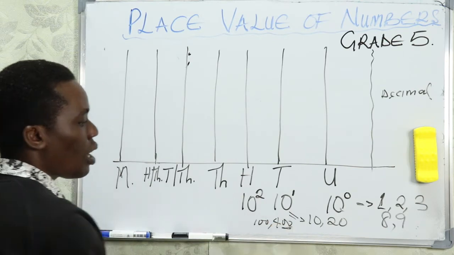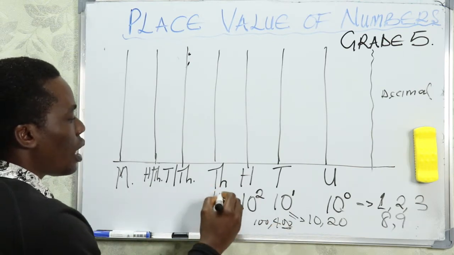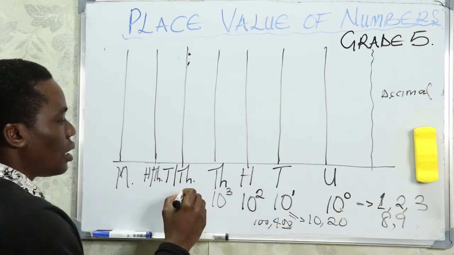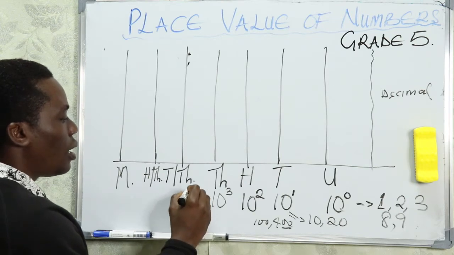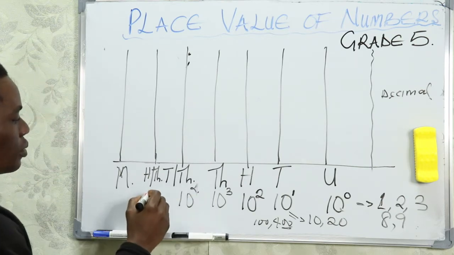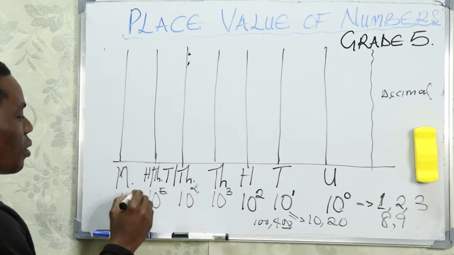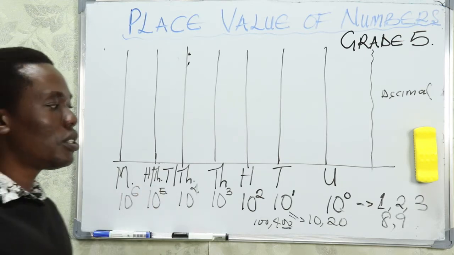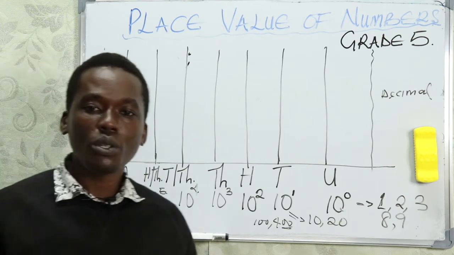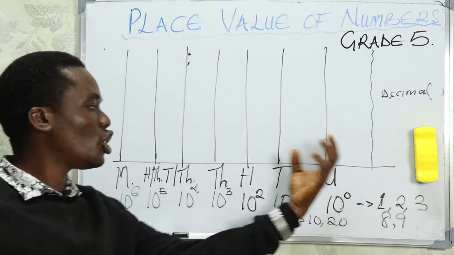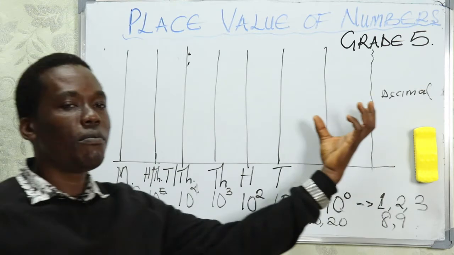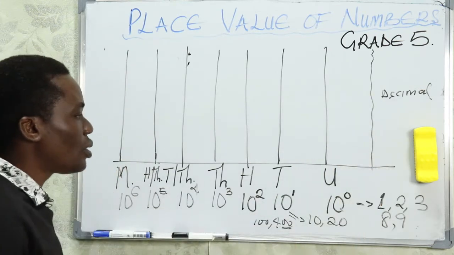You see, you have 2 zeros. Thousands are in the power of 3. Tens of thousands are power of 4. Hundreds of thousands, power of 5, and millions is power of 6. So you see, using the abacus we can place each of these numbers in their various categories.